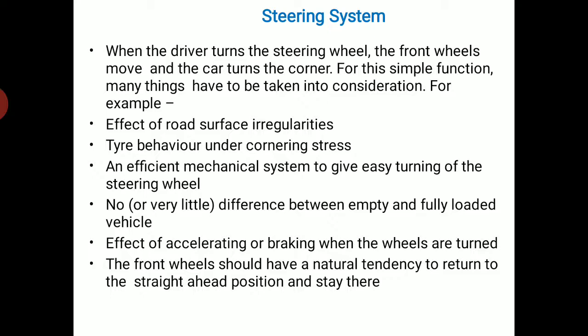This is very important: the effect of accelerating or braking when the wheels are turned. The front wheel should have a natural tendency to return to the straight ahead position and stay there. This is very important. Once the wheel is turned, again it has to return to its position.